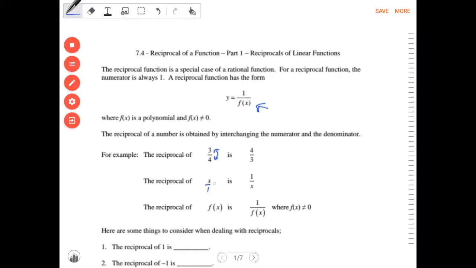So when you flip those, the reciprocal becomes 1 over x. Likewise, if we have some function f of x, the reciprocal of that is just 1 over f of x. Now remember, f of x can't equal 0. Here, we should have written this way, x cannot equal 0 either. Remember, we're never allowed to equal 0.